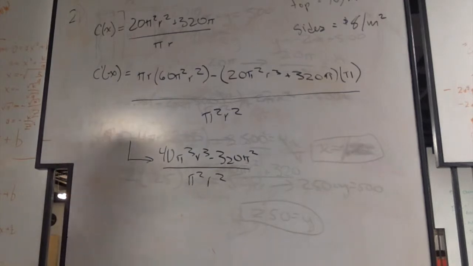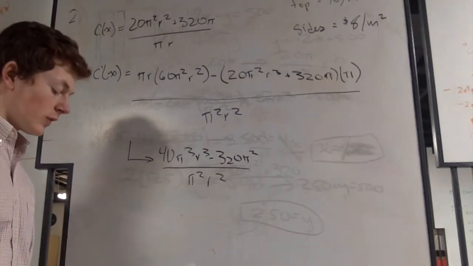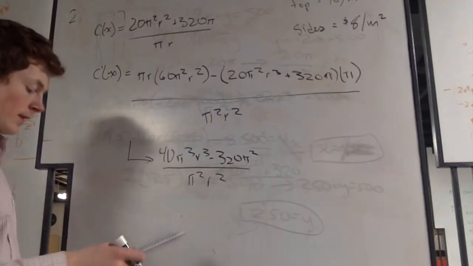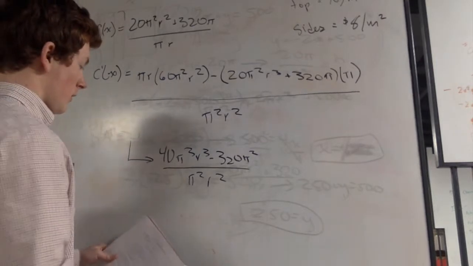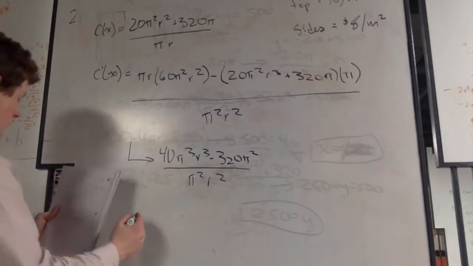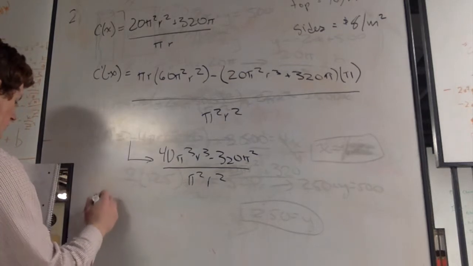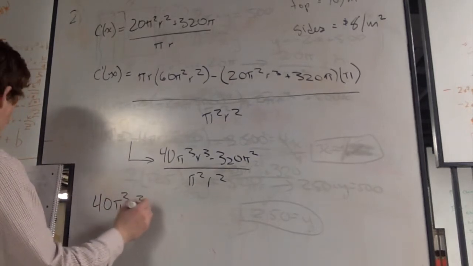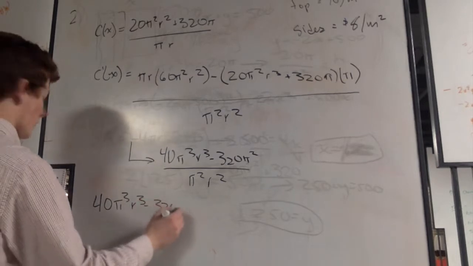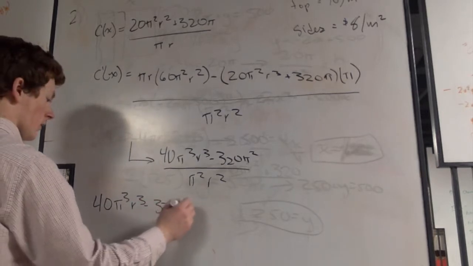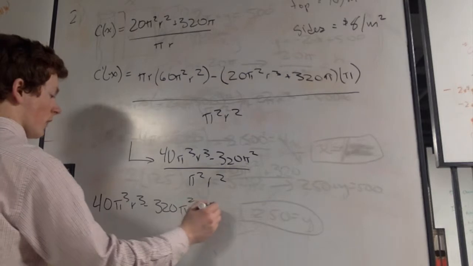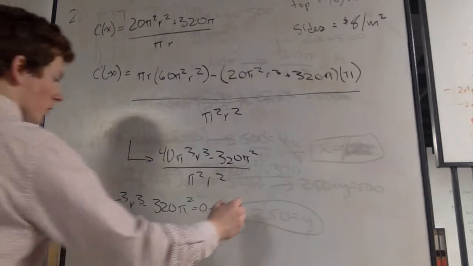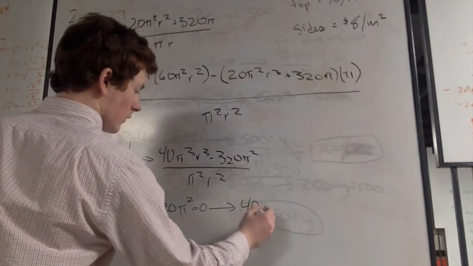And then the next step is to set the numerator equal to 0, which will give us the r. And so from there, we do 40 pi cubed r cubed minus 320 pi squared equals 0. And then that simplifies to go to 40 pi squared.